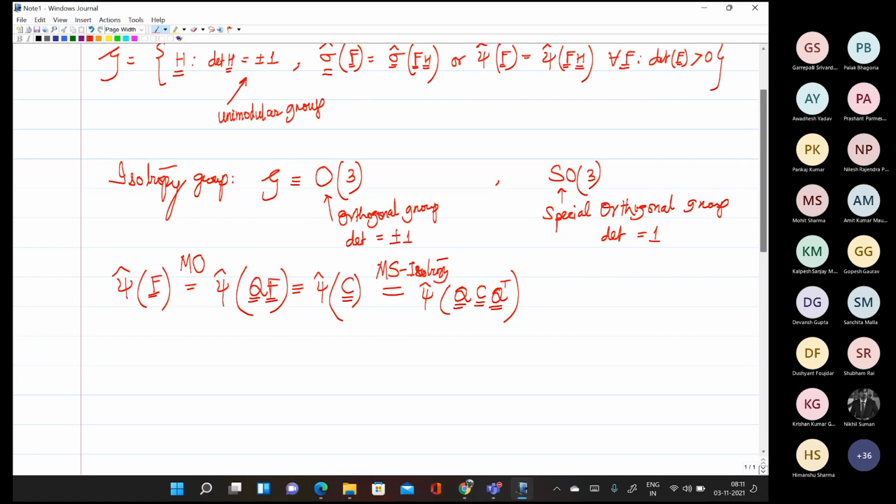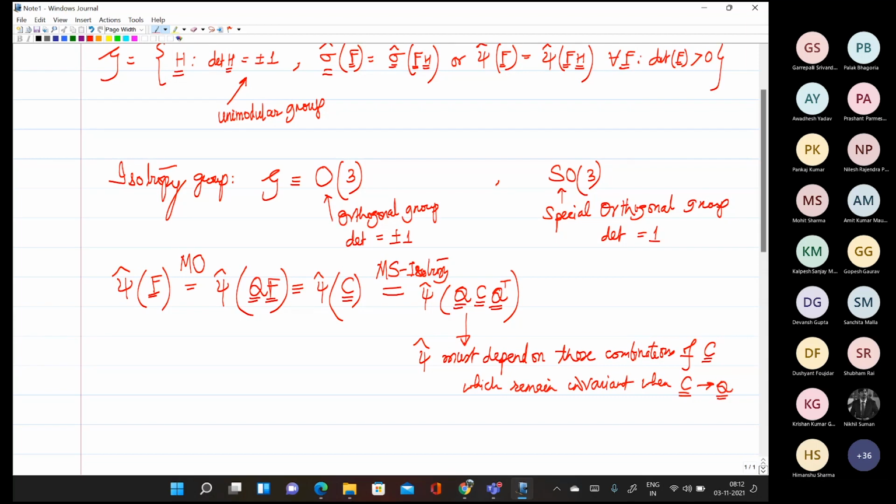Or perhaps psi hat must depend on those combinations of C which remain invariant when C changes to QCQ transpose.